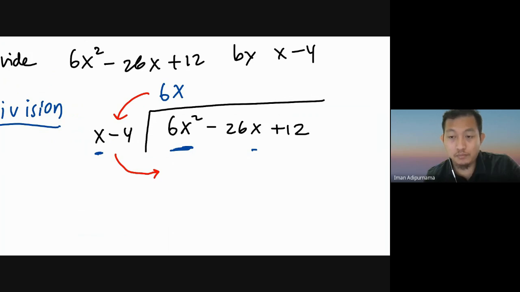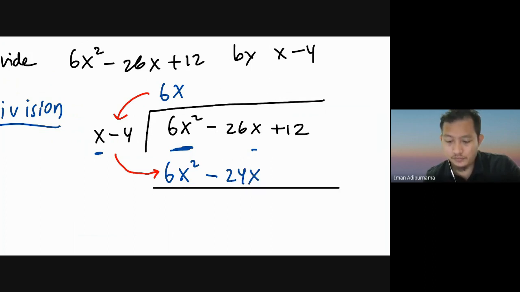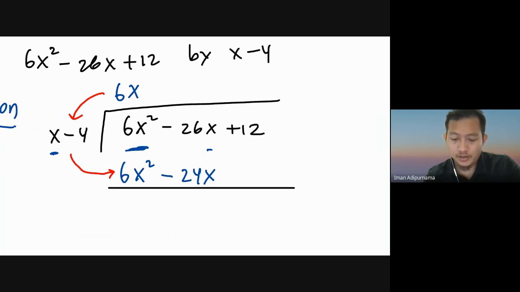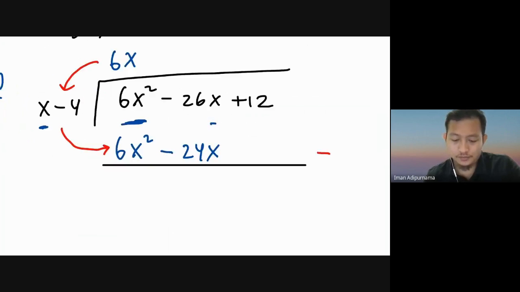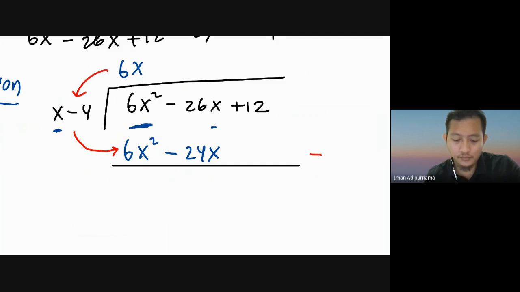This will be 6x squared, and 6x times minus 4 is minus 24x. That is our result, and then subtract. This will cancel, and this will be negative 2x plus 12.